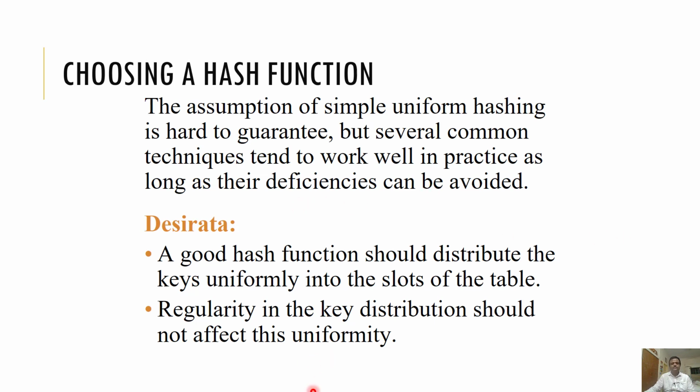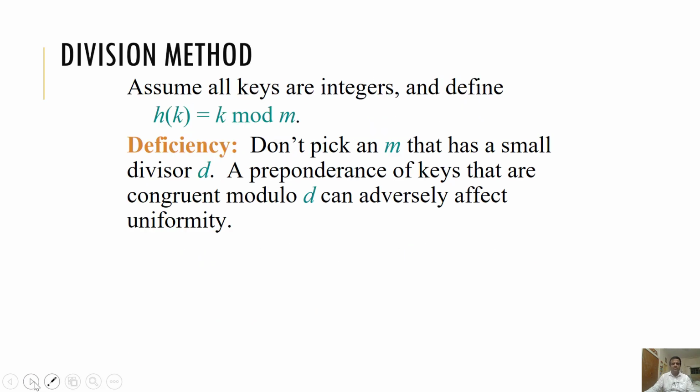A good hash function should distribute the keys uniformly into the slots of the table. Regularity in the key distribution should not affect the uniformity. We do not know the keys, so keys can follow any distribution, and that should not affect the distribution over the slots. That is called a good hash function.